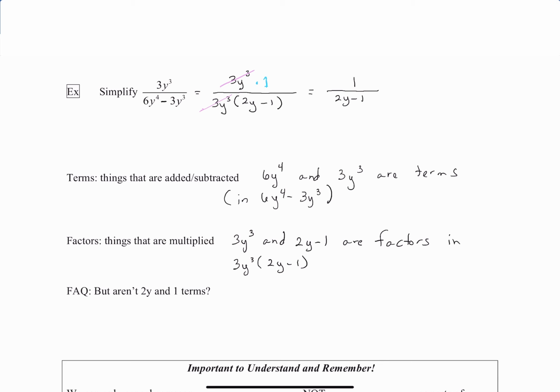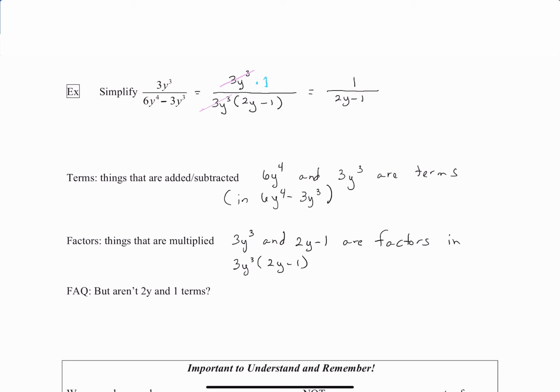I know it can be confusing figuring out which things are factors and which things are terms. For example, a question I frequently get asked in this problem is, but aren't 2y and 1 terms? So I've just said that 2y minus 1 is a factor, but aren't 2y and 1 terms?